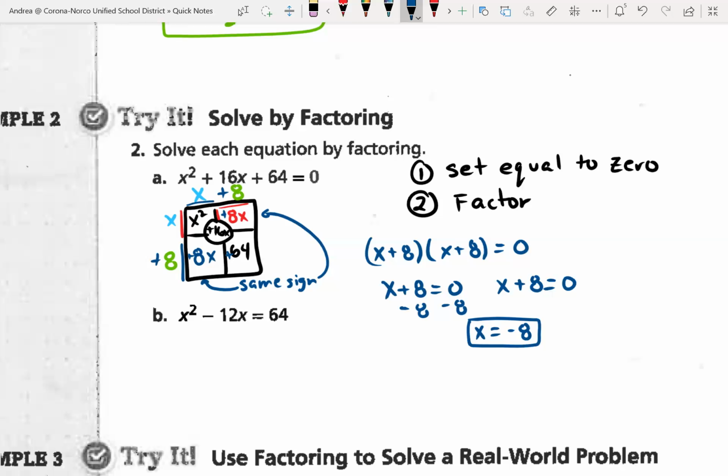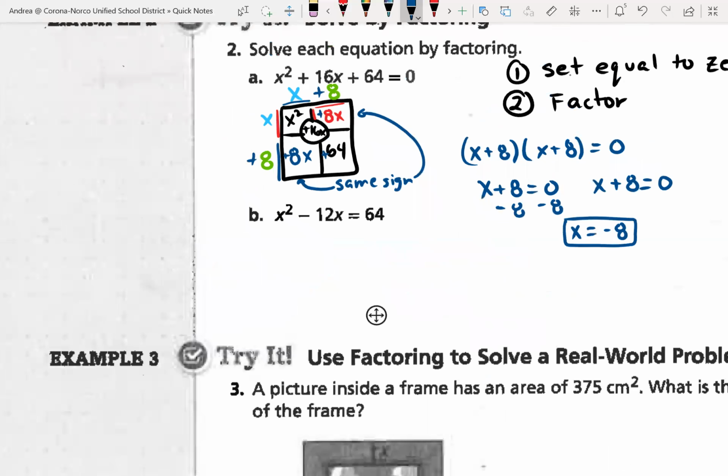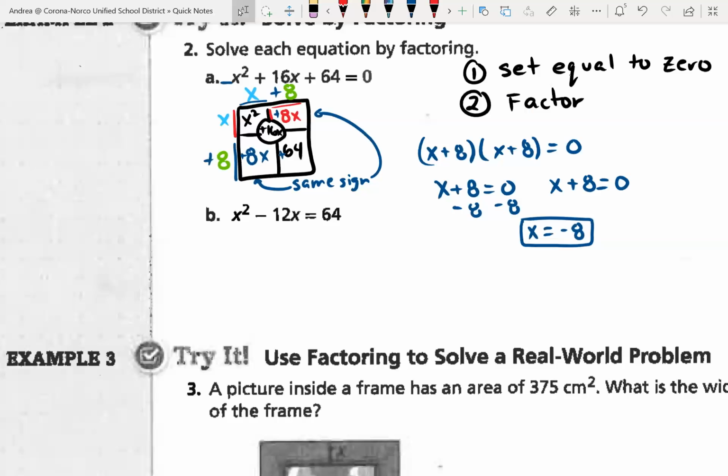That the minimum would be on... Very good. Okay, the minimum or the vertex would be on the x-axis. In this case, it is a minimum because the a value is positive. But if the a value is negative, it could also be a maximum point. But in this case, my parabola, the vertex is on the x-axis, and the vertex is your x-intercept, negative 8, 0. Okay. Any questions over that?